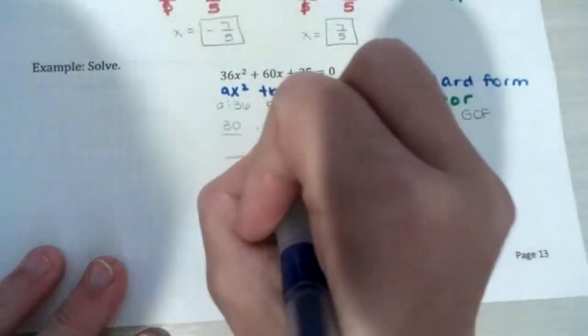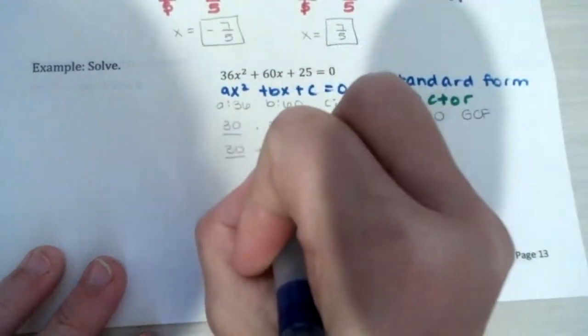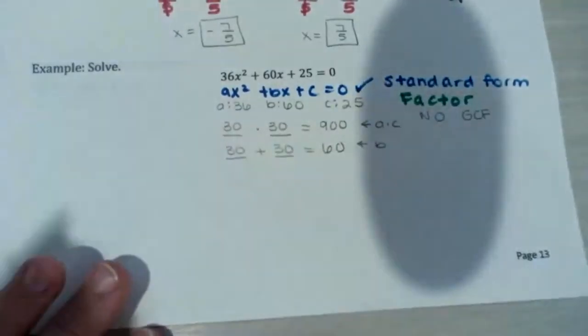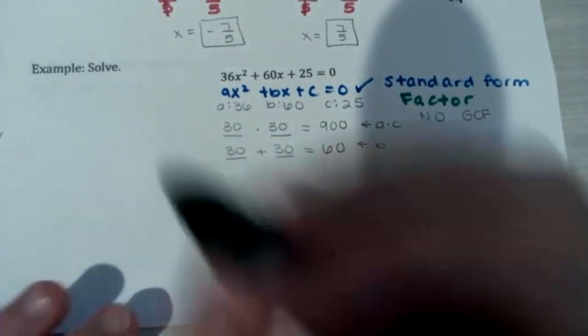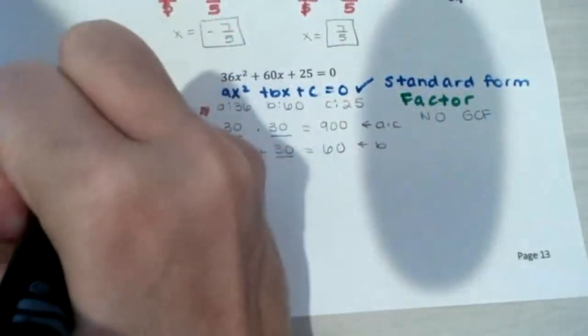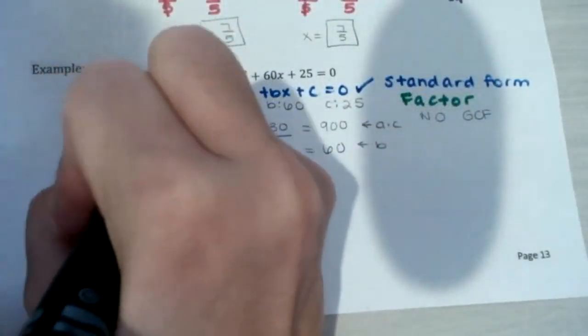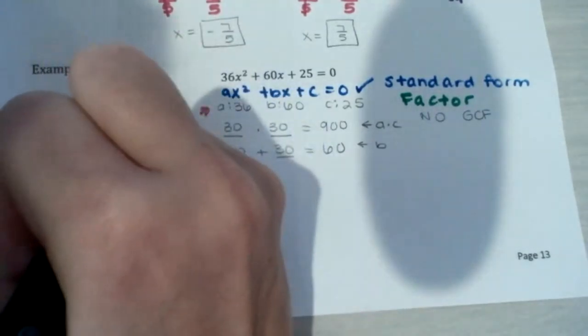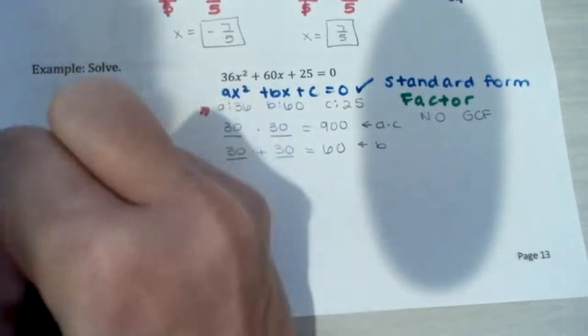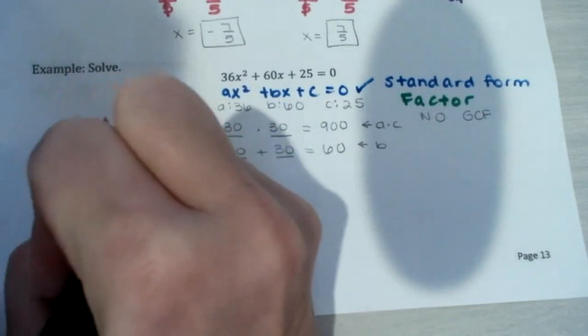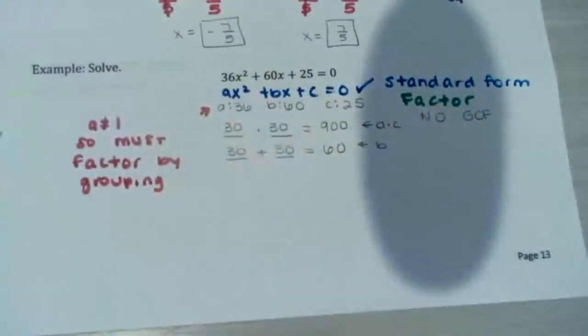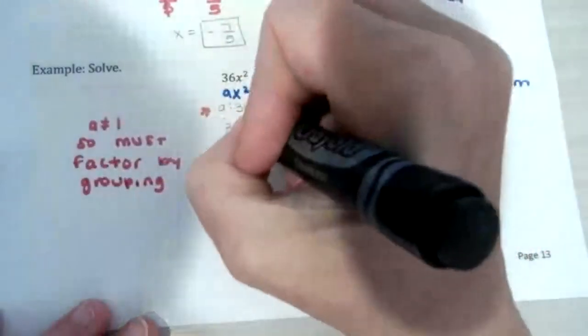30 and 30. So 30 times 30 would give us 900. 30 plus 30 would give us 60. So that's good. So unfortunately here, a is not 1. So we must factor by grouping. Meaning we're going to use the numbers in our blanks to split up this middle 60x.